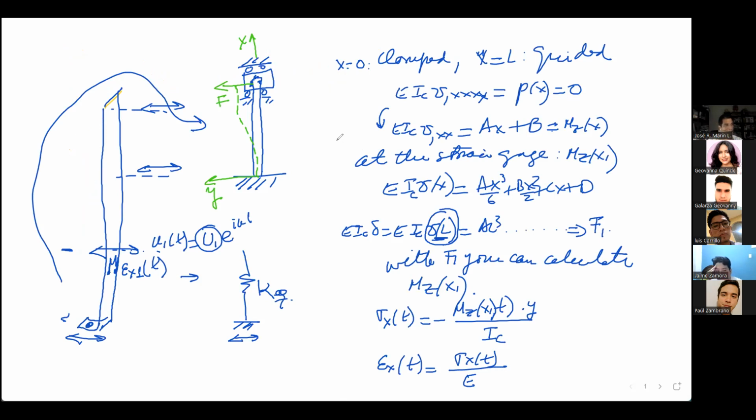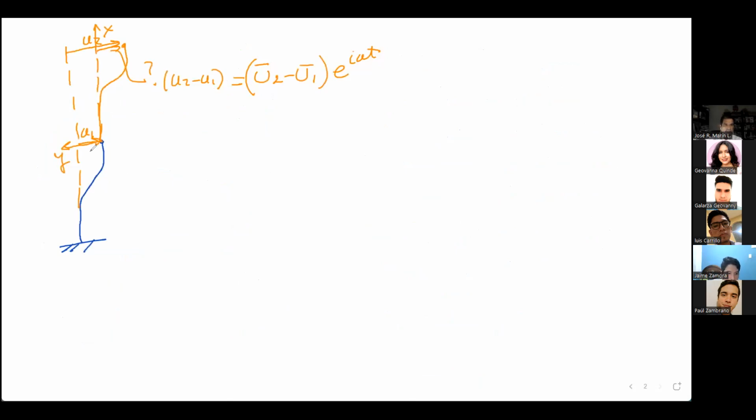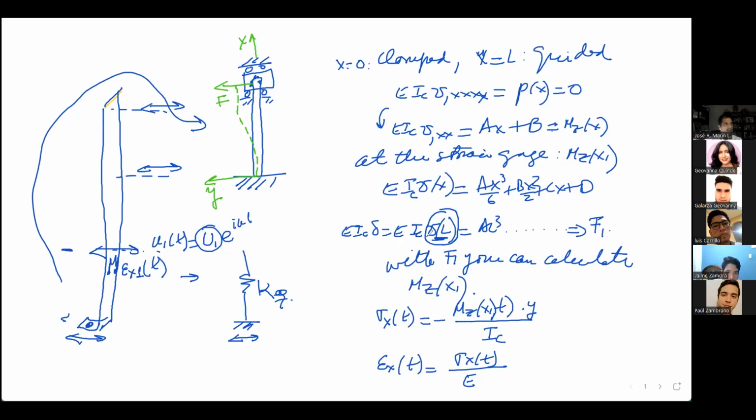Victor, I have a question. We have one data from the base, but how can we analyze this data? Because we had 4 strain gauges: one from the base, the first union, the second union, and the top. Okay, so you have one here, and you calculate this using these relations.